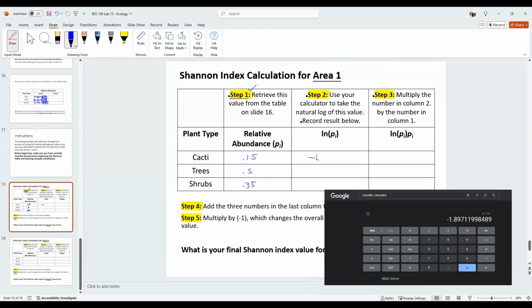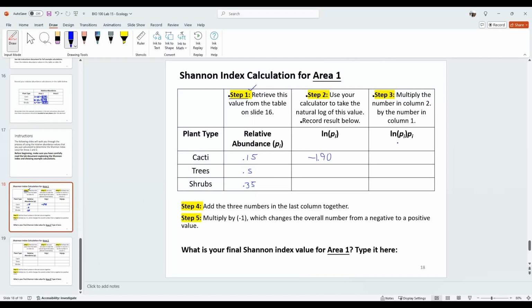And as we can see, it is a negative number, but that's okay. We're going to round to 2 decimal places again, which ends up rounding to negative 1.90.